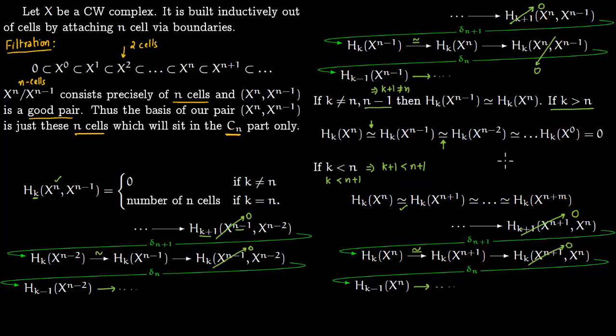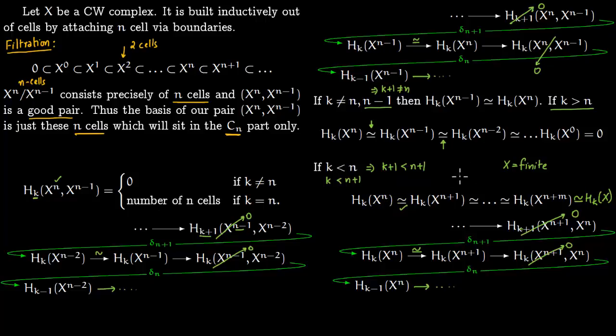So if x is finite dimensional, and say its dimension is some n plus m, then this will finally be equal to H_k of x. So our result is that if x is finite dimensional and you have k which is less than n, then H_k(x_n) is isomorphic to H_k(x).